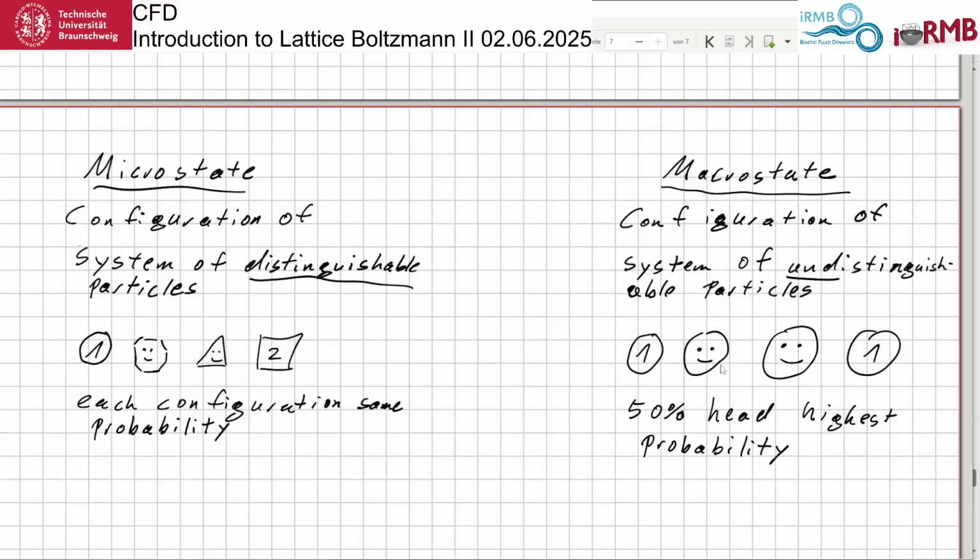So if you have a very large number of coins, you throw them up and they fall down, then each micro configuration has the same probability, but if you just count how many heads are showing up, then it's very likely that this will be very close to 50%, because this has the highest number of micro realizations.